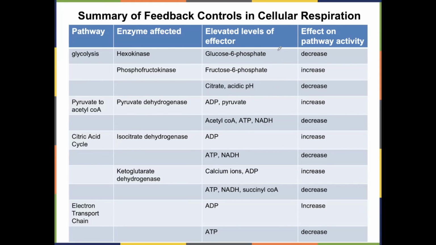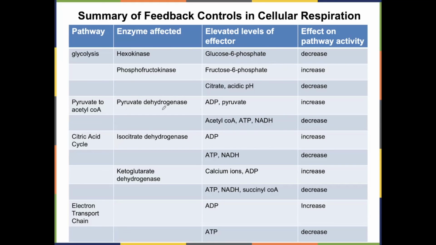Some of them, like this one here, glucose 6-phosphate, is a product of the reaction that's catalyzed by a hexokinase here. And so if there's a lot of this product already, then this enzyme doesn't need to be as active. So this can actually serve as an inhibitor of the enzyme and prevent there from being too much of this product accumulating.